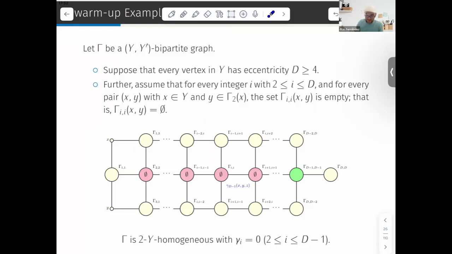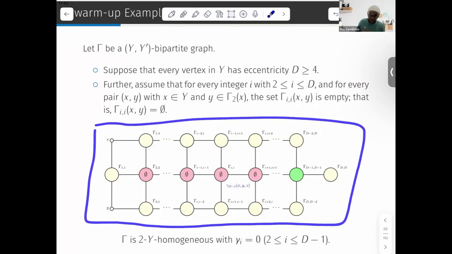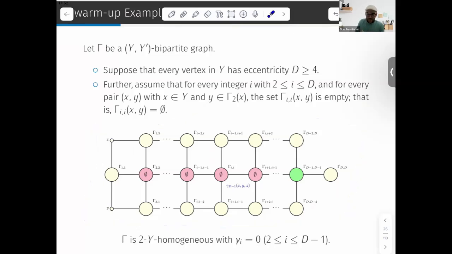So I mentioned that we would like to consider these pictures. So we have a bipartite graph. We pick vertex x in y, another one y at distance 2 from x, and now we consider all these sets, gamma I, and we are wondering about vertices which are at distance I from both x and y.